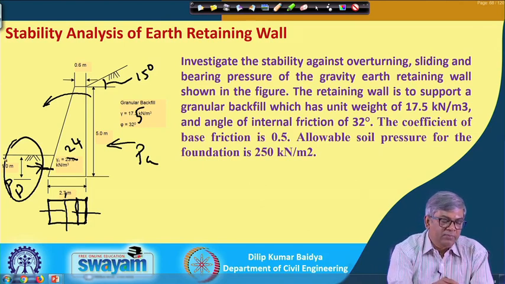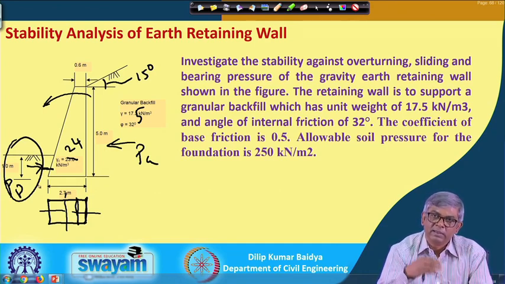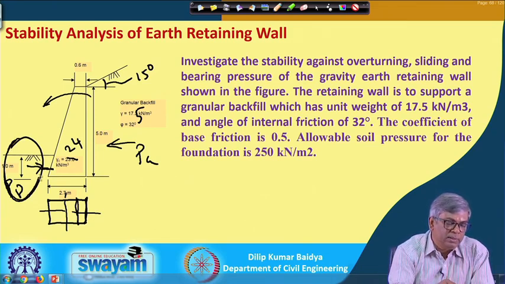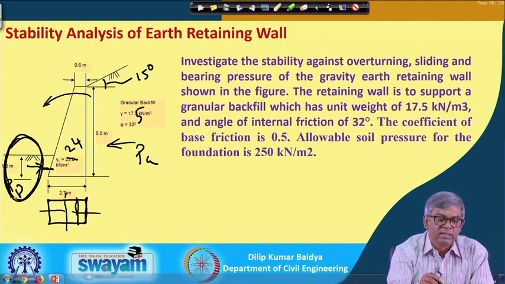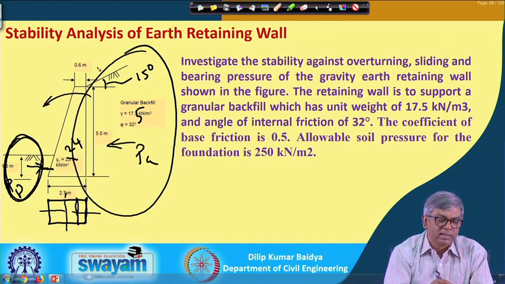So, if I ignore this one and find that it is safe, that will be really safe. So, we can do it on the conservative side. In this problem I will ignore the Pp side, I will only take the active pressure from this side, and whatever relevant things are required I will take, and try to do the analysis ignoring the passive part. So, let me do it one by one.